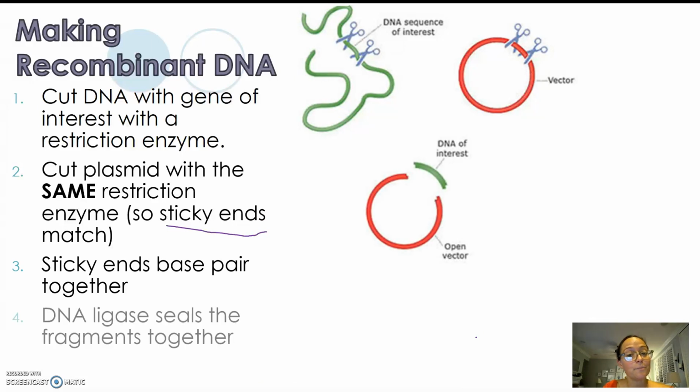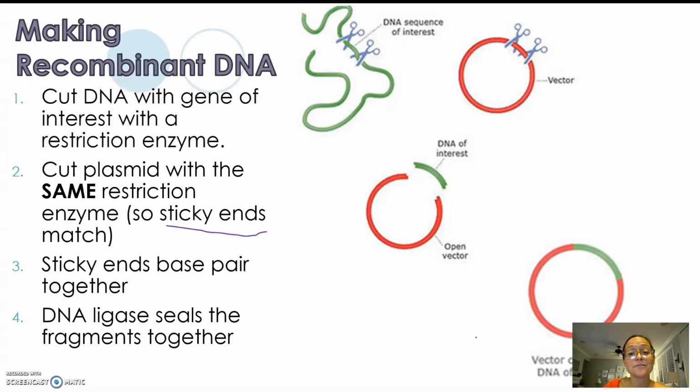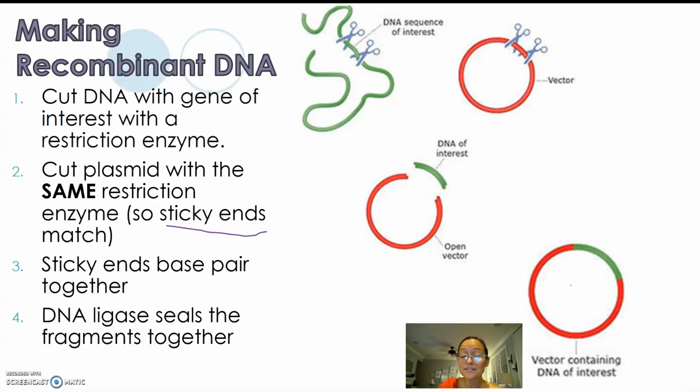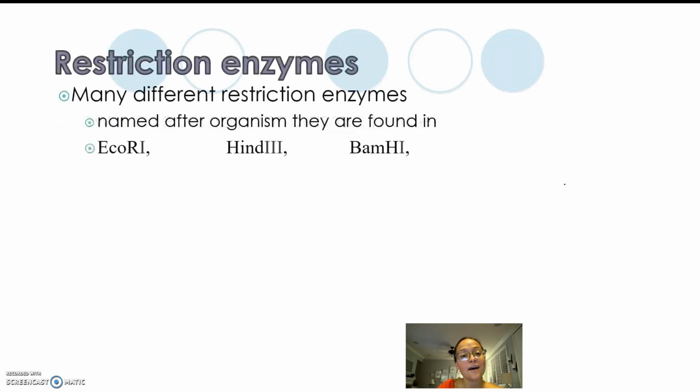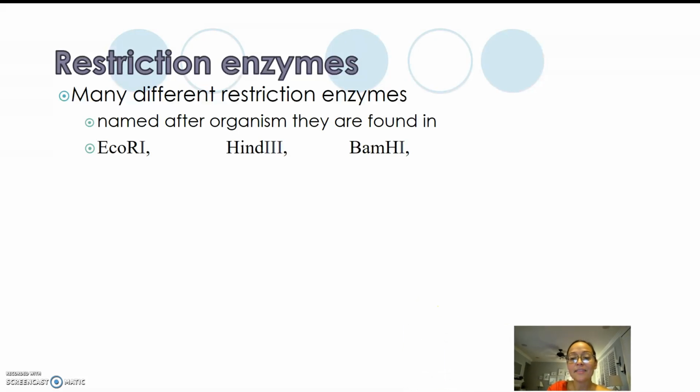Then we use the enzyme DNA ligase to seal those fragments. So now here we have a piece of recombinant DNA, and we can call this a vector because it's carrying our gene of interest.